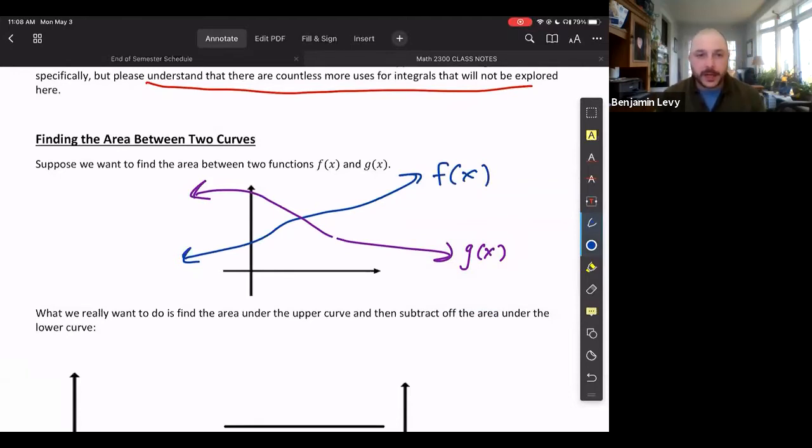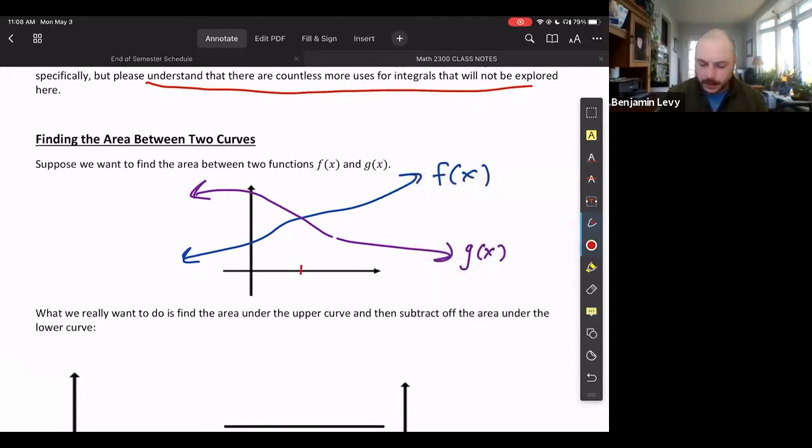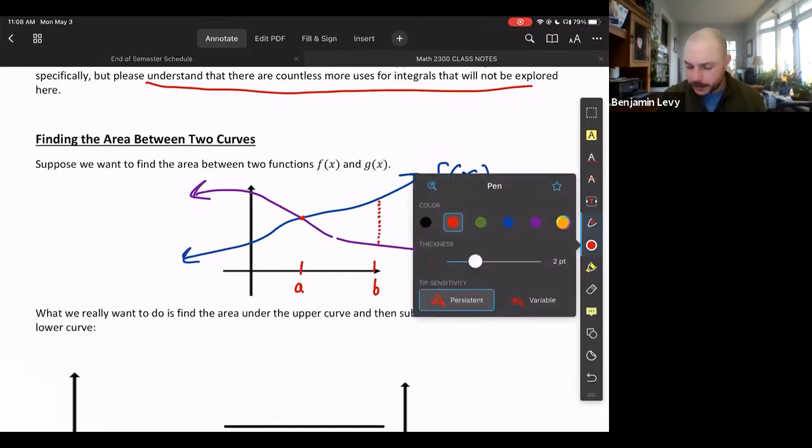And we're going to figure out the area trapped between them between 2 points. So let's throw 2 points on there. Let's say the first point is their intersection point, and let's just pick some other random second point. And so the idea is we want to figure out this area that I'm about to shade in.